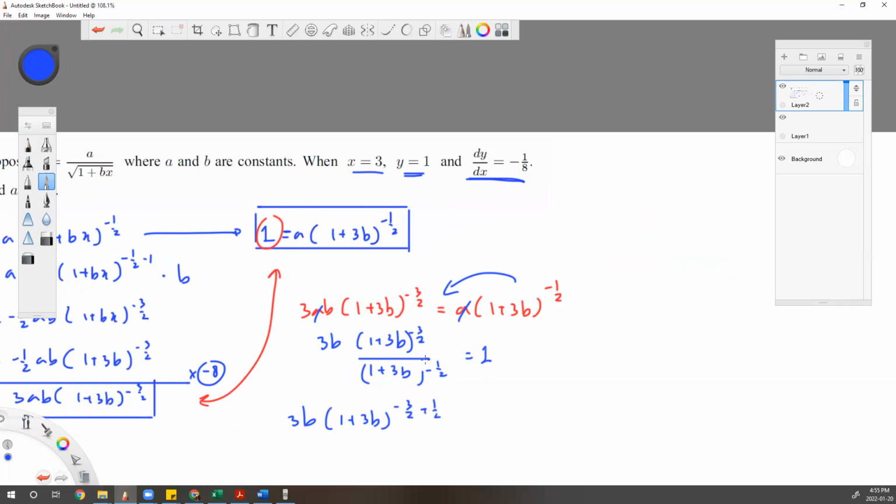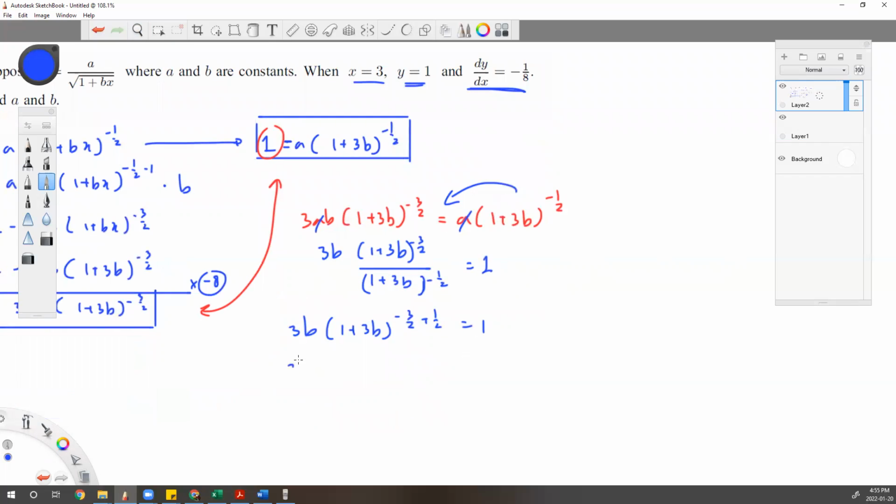This is plus because minus minus equals plus. So 3b times (1 plus 3b) to the power negative 1 equals 1. So 3b over 1 plus 3b equals 1.